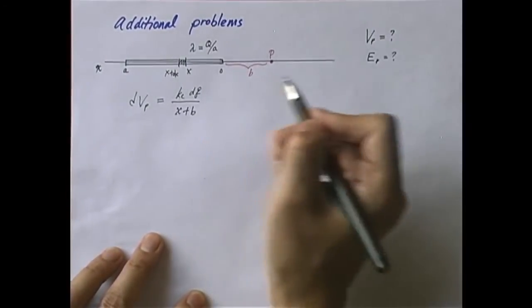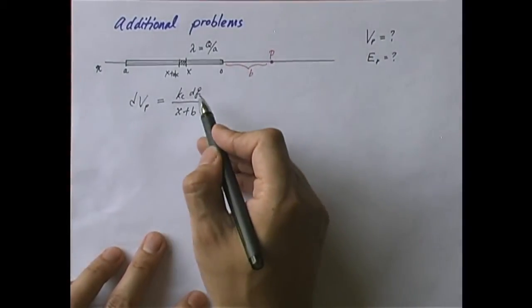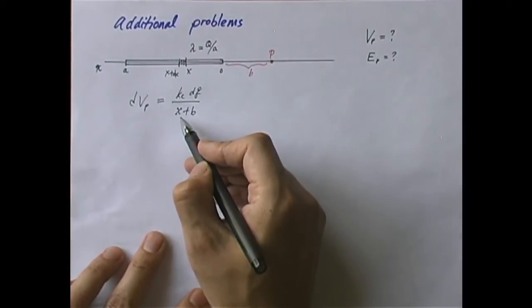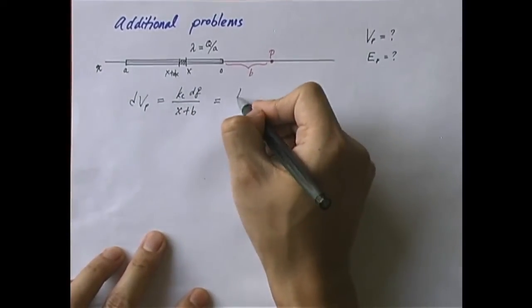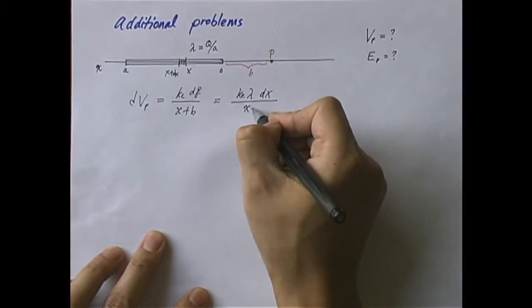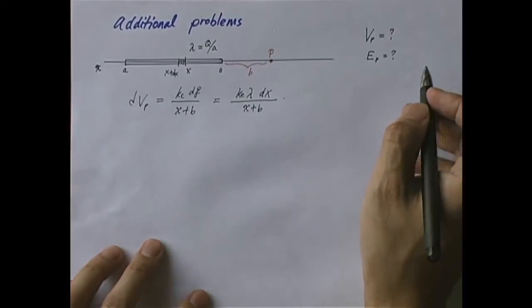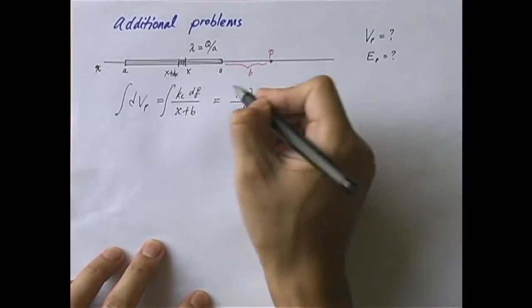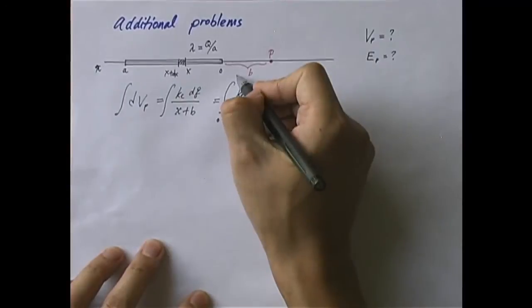Now, before I can integrate, I must rewrite dq in terms of dx, and you can easily do that. dq, in fact, is lambda times dx, so this is k lambda dx over x plus b. With that, we're now ready to integrate. x goes from 0 to a.